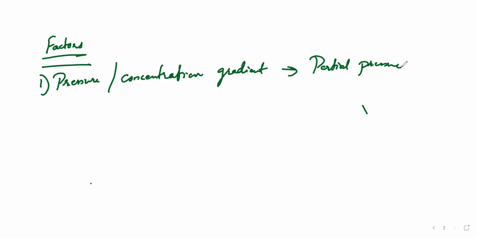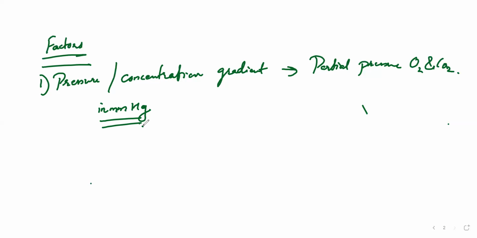Here we are going to see this with respect to the two gases, O2 and CO2. This is expressed in mmHg. It includes the atmospheric pressure and how much gas is present in the alveoli, in deoxygenated blood, in oxygenated blood, and in the tissues.